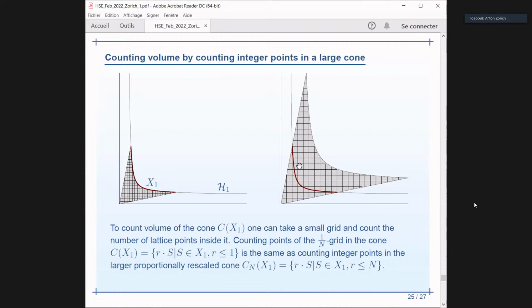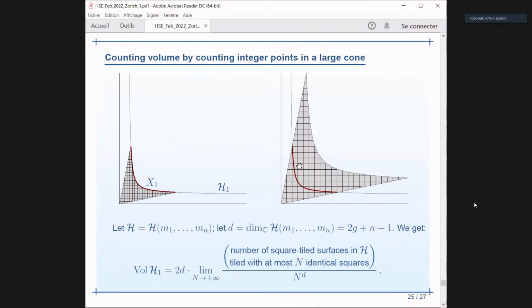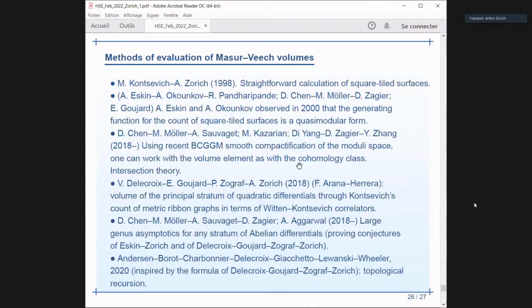Since they are tiled with unit squares, that's the number of square tiled surfaces tiled with at most n squares. So basically, this is the argument why the count of square tiled surfaces is exactly the count of Masur-Veech volume. The power is easily definable here.